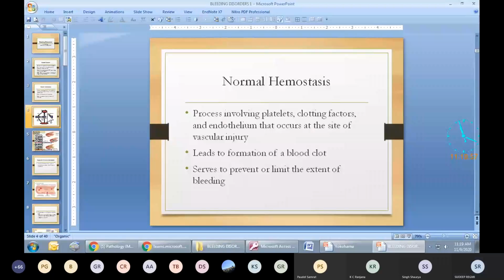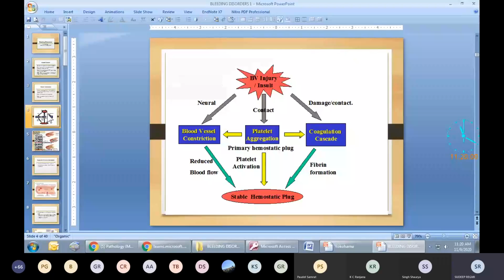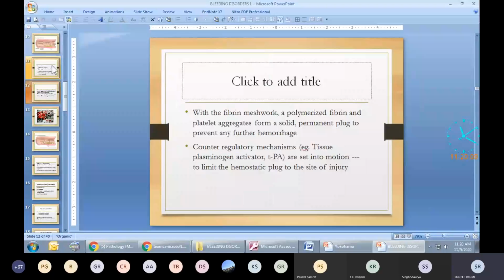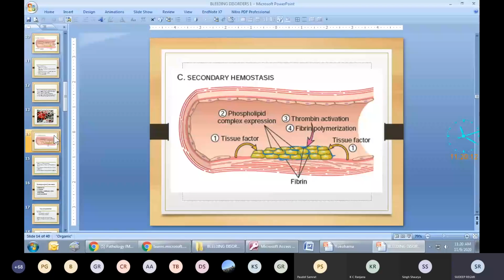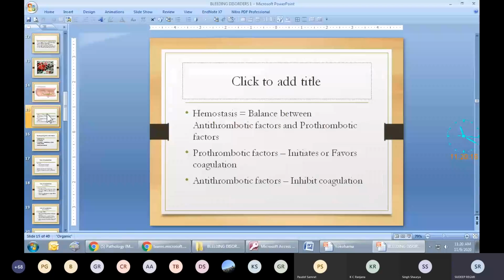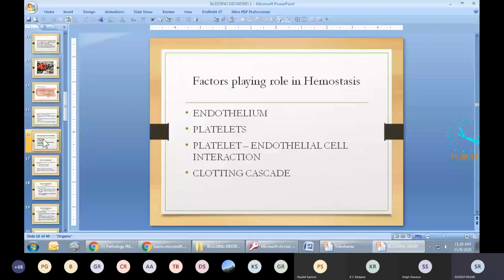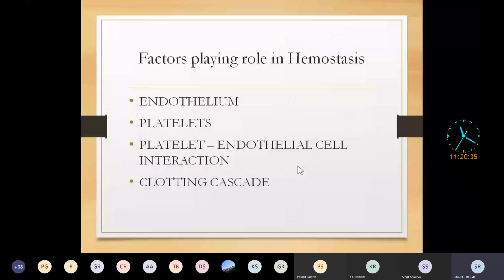We talked till the formation of the primary hemostatic plug, and then briefly about the secondary hemostatic plug, the mechanisms in primary hemostasis, and the factors that play a role in hemostasis. We said that endothelium, platelets, platelet-endothelial cell interaction, and the clotting cascade play a great role in hemostasis.